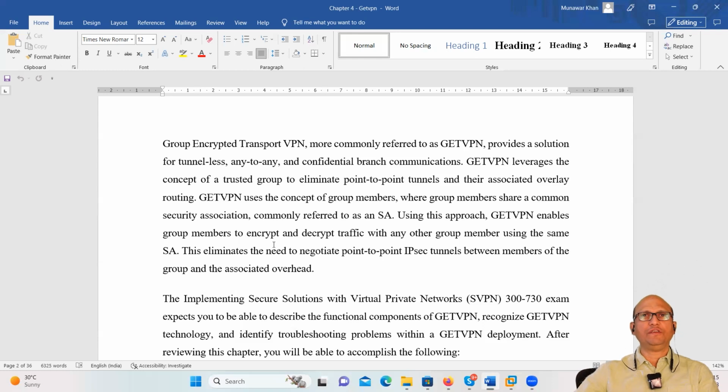The head office talking to branch, branch office talking to branch, without a tunnel. So if there is no tunnel, there is less overhead. You have to just look into what? The encryption part. Maintain the confidentiality of the data.